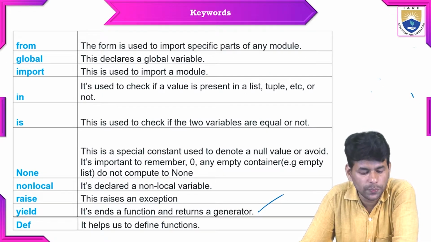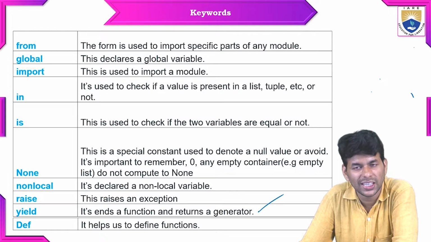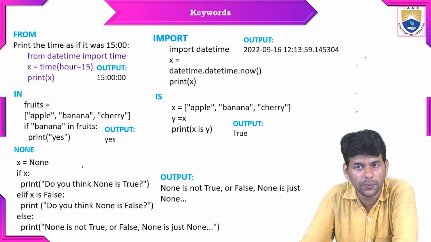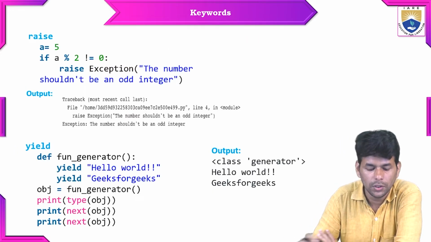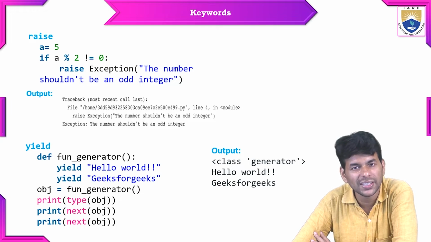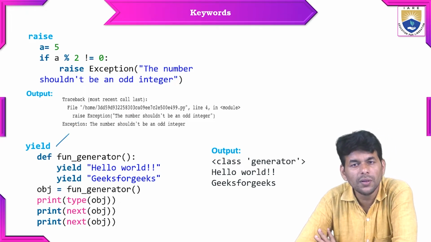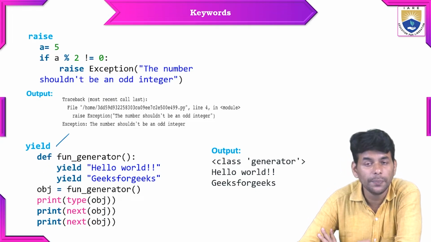This is used with yield values. Yield is a keyword which is used to generate. Let us take one example, my yield example. Here we have def fun_generator.